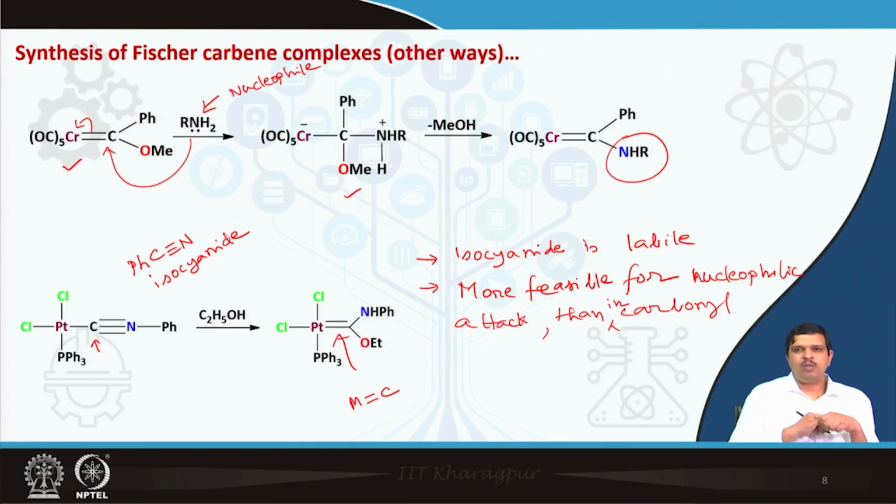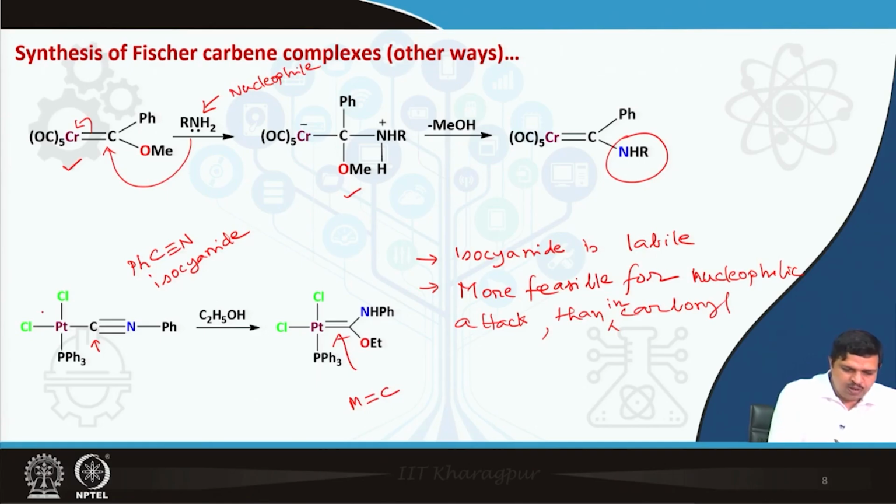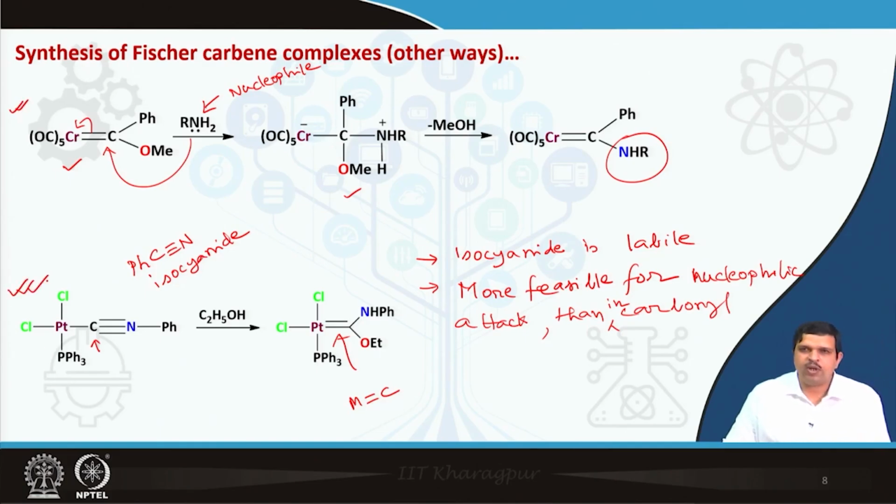Very simple strategy. So here you will see the first one is strategy 1, this is strategy 2, this is strategy 3. So different types of precursors you can take to make the other Fischer-carbene complexes. It's quite easy, and that's why it's so popular.